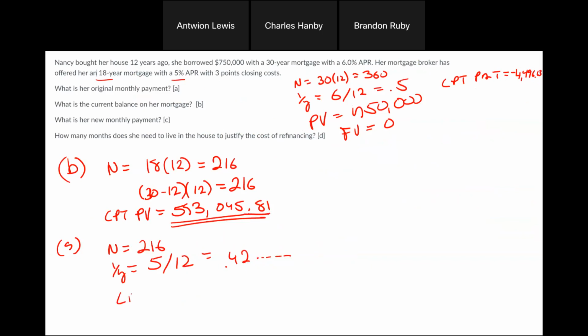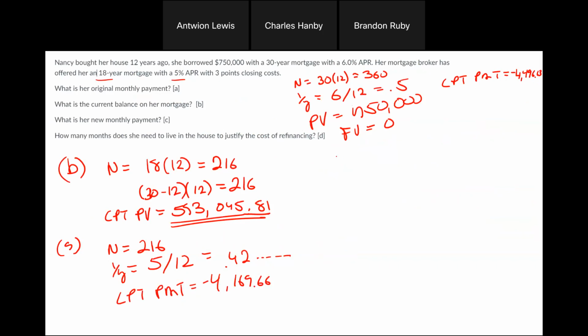Then we compute payment, and we come out as a negative $4,169.66.